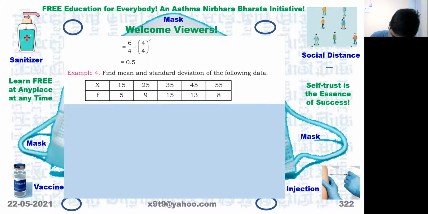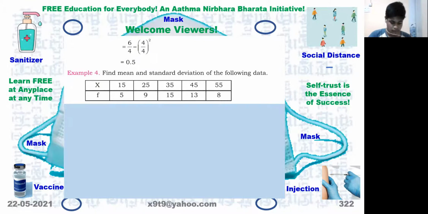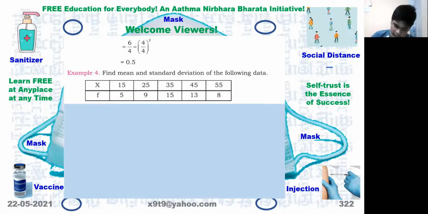If you tell loudly what you are doing, I can hear it. Otherwise, I will not know. 1,850 divided by 50. Like that you tell, so that I will know what you are doing. Sir, x bar is 37. Correct. Very good.